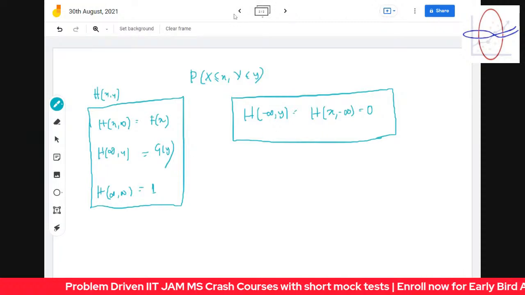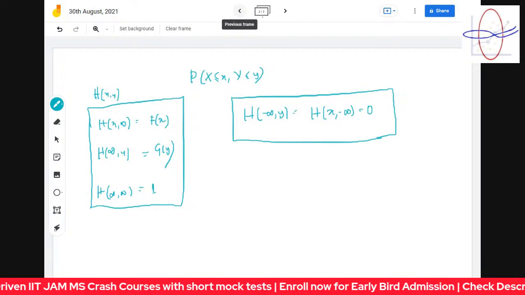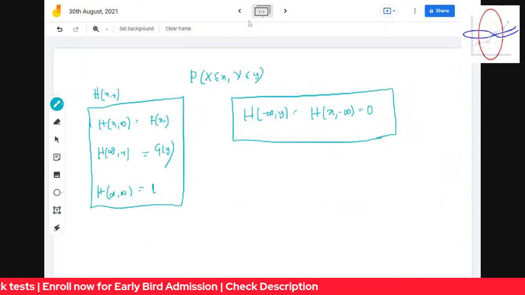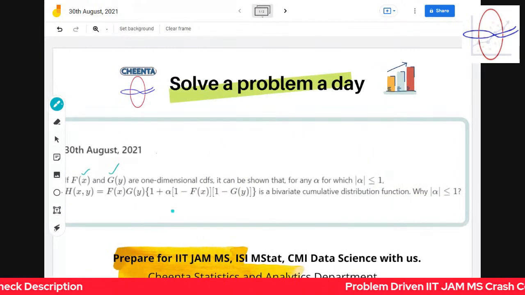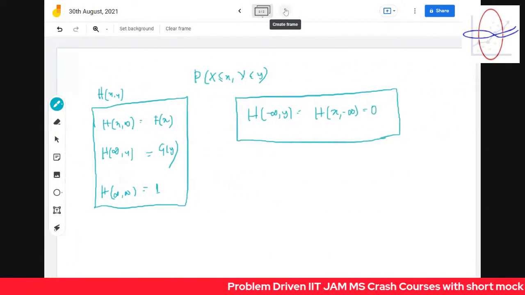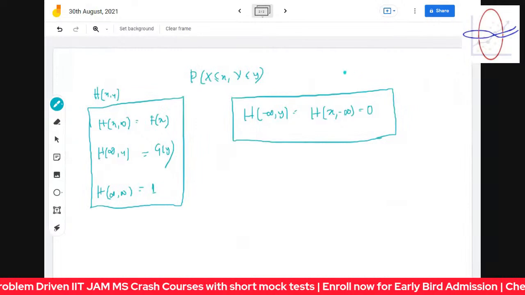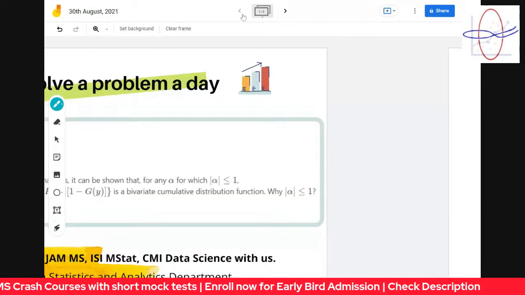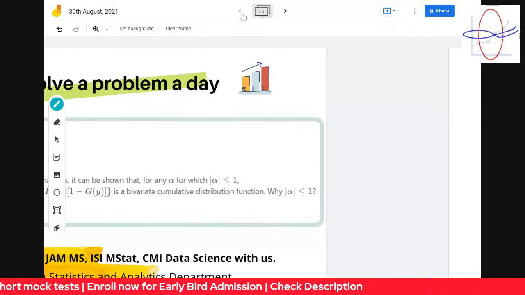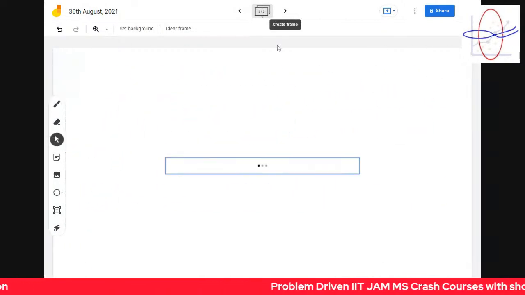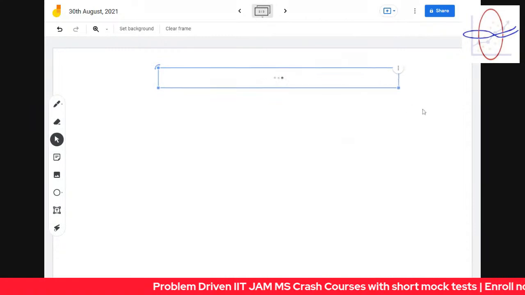So let's check these conditions, and note that F of x and G of y are actually the marginal CDFs. If you put x equal to infinity, let's see. Let me copy and paste the equation so that it's easier for us. So h of x comma y is defined as this. Let's understand the limits.